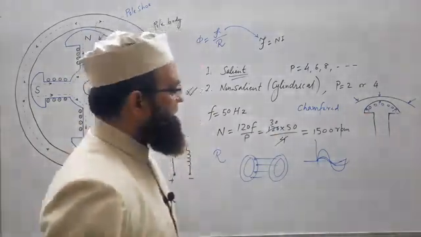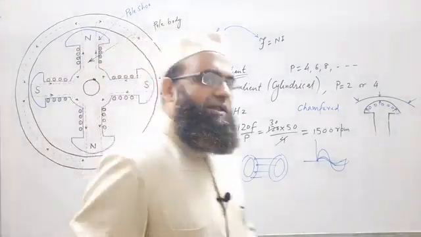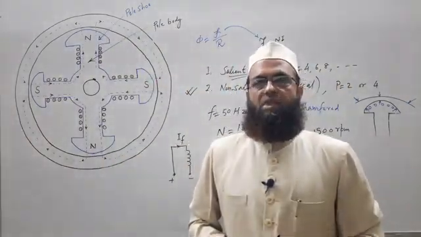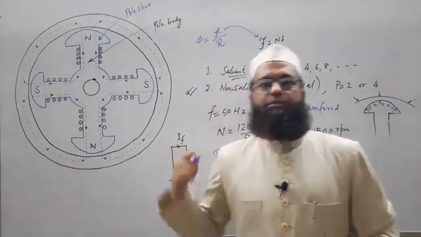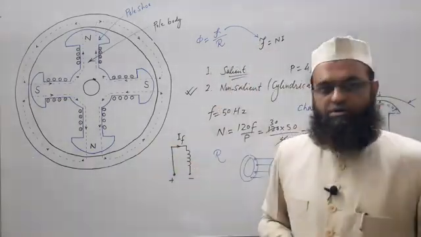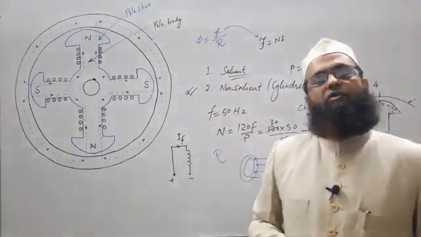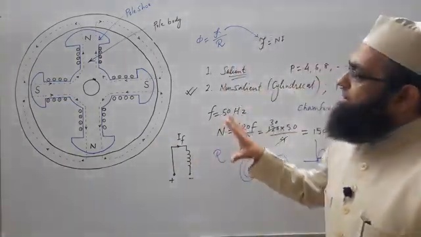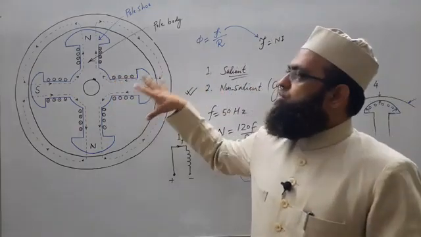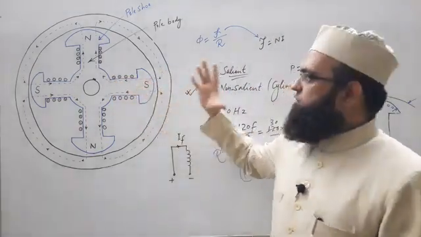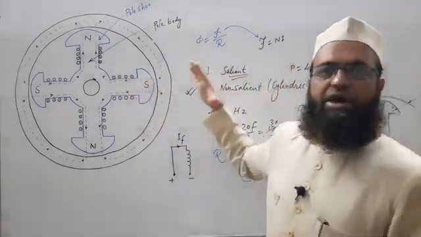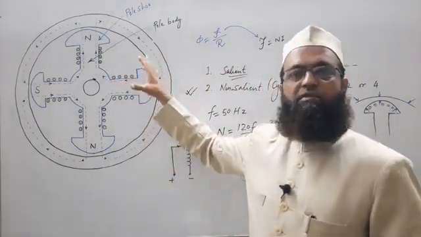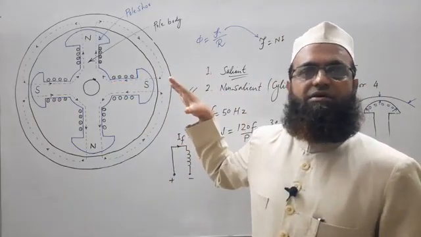The second advantage of the damper winding is when our synchronous machine is used as a synchronous motor, at that time it helps in starting the motor, similar to that of an induction motor. How? When we are going to use our machine as a motor, it means we have input as electrical supply, the 3-phase balanced winding is supplied with 3-phase balanced supply.